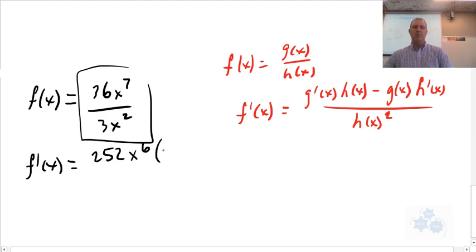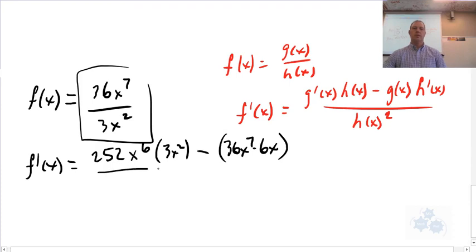Derivative of the top times the bottom, 3x squared. We're going to get into some big numbers here, but that's okay. Minus the top, 36x to the 7, times the derivative of the bottom, which is 6x. Okay, we good there? Divided by the square of the bottom function, so that's going to be 9x to the 4th.